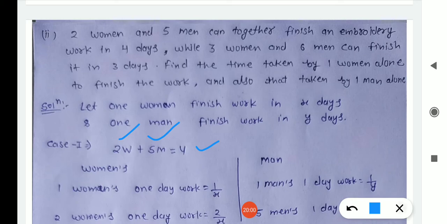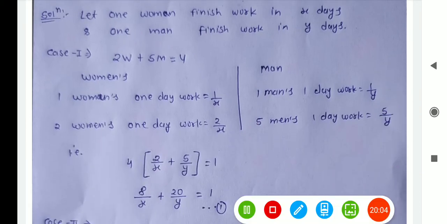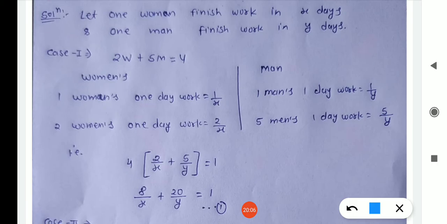So in the first case, the woman and man case: one woman's 1 day work is 1 upon X, because X is the time taken, so we use the work upon time formula here. So one woman's work is 1 upon X per day. Similarly, two women's work in a day is 2 upon X. Clear?